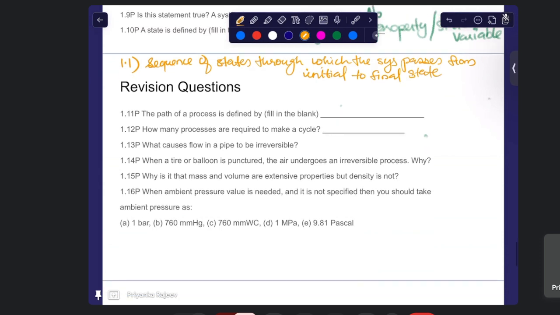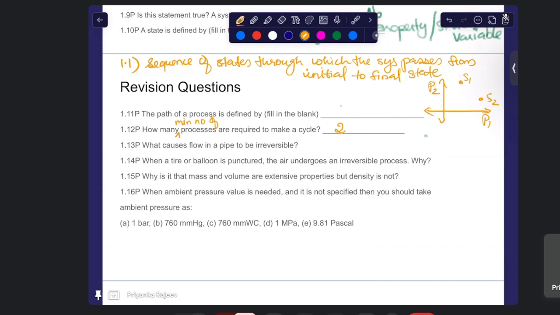Now, how many processes are required to make a cycle? We will consider it as the minimum number of processes required to make a cycle. So at least two, two is the answer. As you can see, you've got a chart with property 1, property 2 axes. So you've got state 1 and state 2.